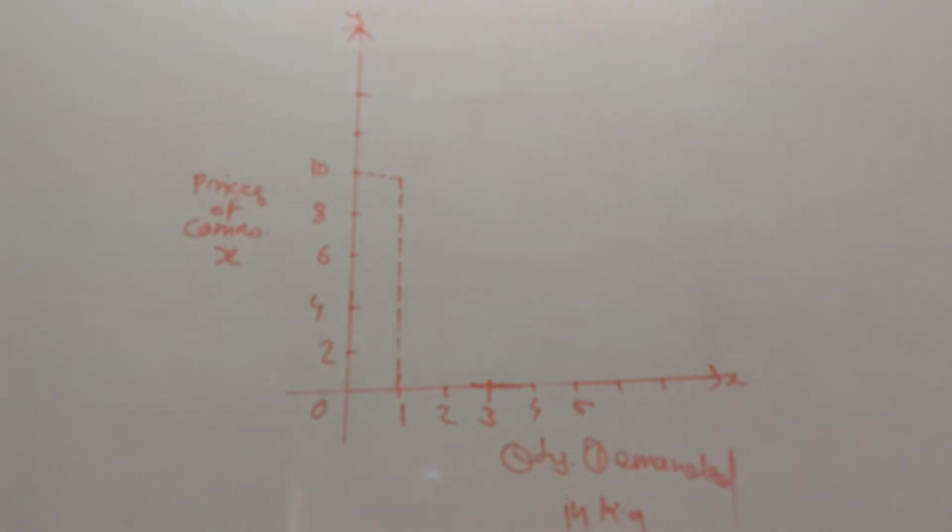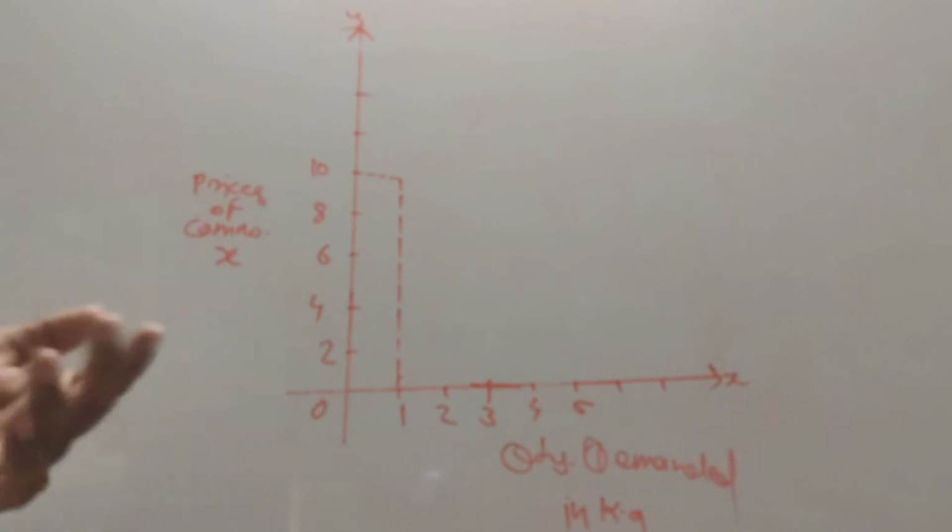Okay, when there is a fall in price from 10 to 8, there is a rise in quantity demanded, that is up to 2 kg. When price is 8, quantity demanded is 2 kg.